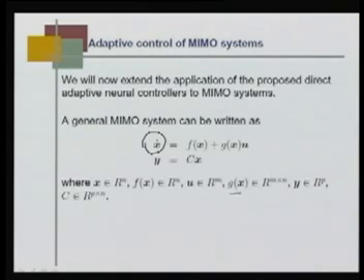So, in fact, G x is a matrix and c is also a matrix. So, we are talking about a multi-output system.